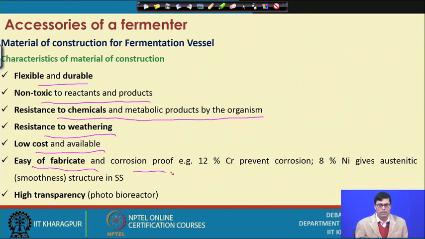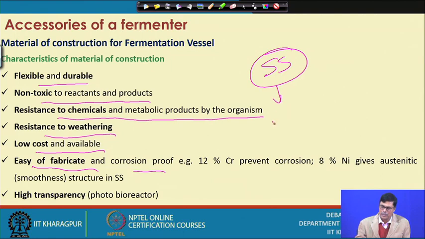As an example, I told you stainless steel is usually used as a material of construction. What is stainless steel? Stainless steel is an alloy steel, a mixture of metals. So with iron we mix different metals, which makes stainless steel. It has been found that if the alloy steel contains 12% of chromium, it prevents corrosion.